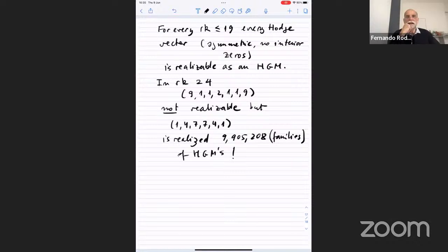One thing that comes out quite clearly in the full data is that these numbers, 9112 and so on, seem to be U-shaped. Is that convex? Whereas the ones that do appear a lot are concave. So there seems to be some tendency for these Hodge vectors to be of the latter kind.